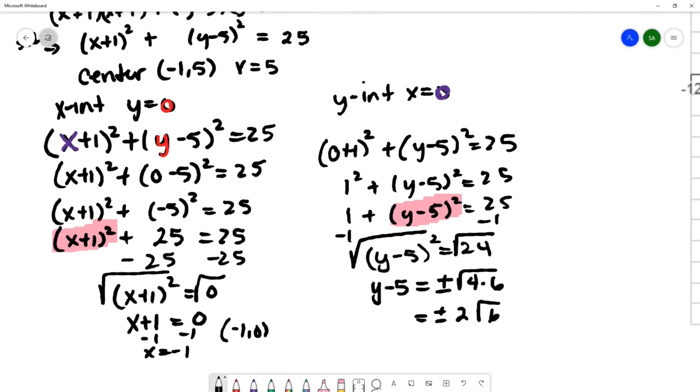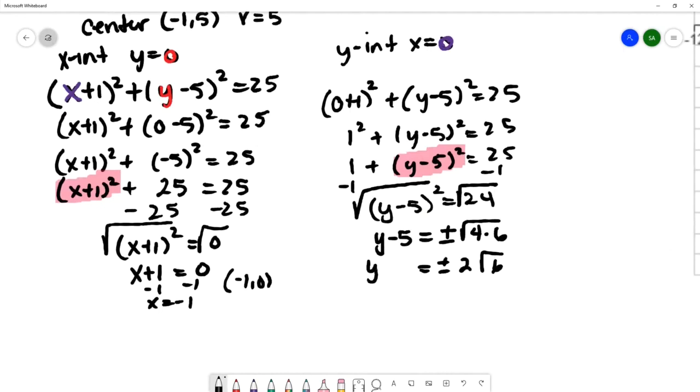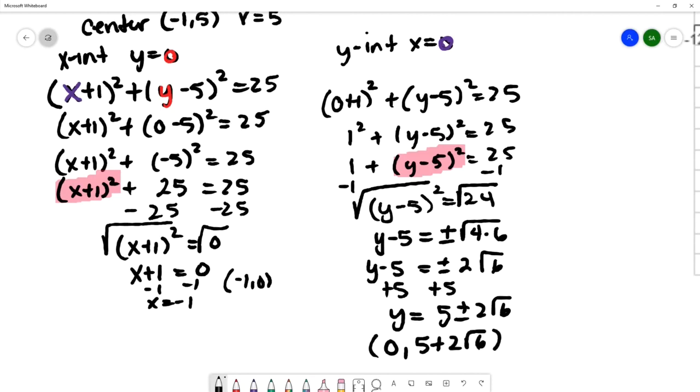We'll leave the 6 inside. And I'll isolate y by adding 5 to both sides. So we have y equals 5 plus or minus 2 square root of 6. And that gives us our two y-intercepts. The y-intercepts will be 5 plus 2 square root of 6 and 5 minus 2 square root of 6.